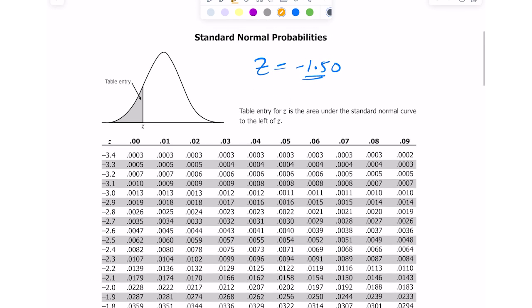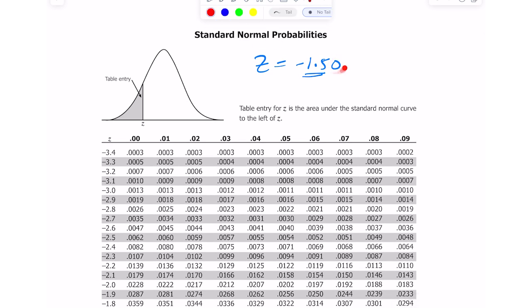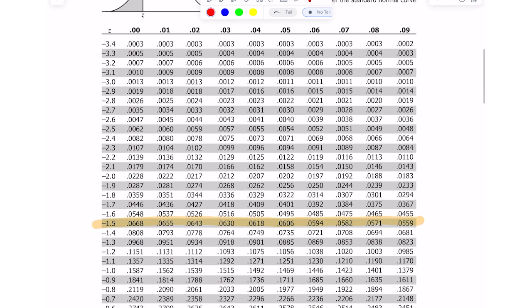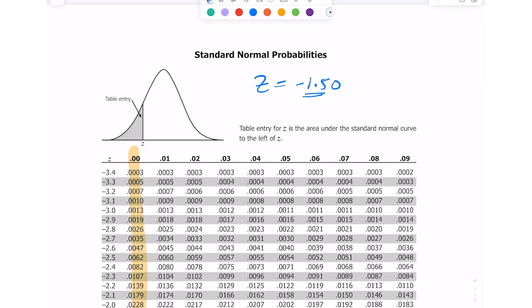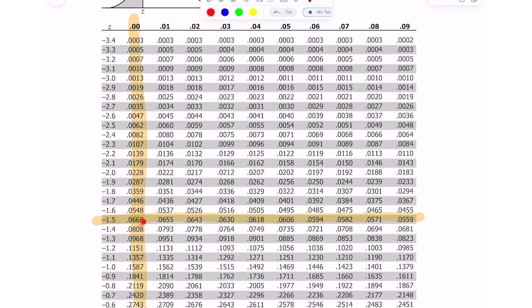And then this last number is the column, so I'm going to look at the 0 column right there. Where they intersect, as long as I'm looking at the left, which is what the table is designed for, as you can see it's shaded on the left, the area or the probability would just be 0.0668.